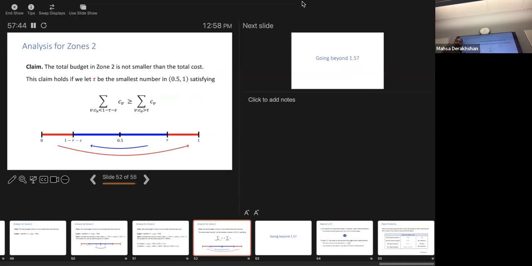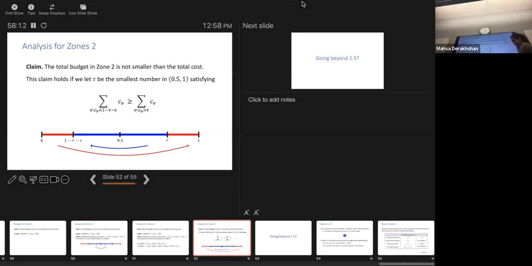let's say I'm picking the first tau that satisfies this. If it's not a half, it means that there is a larger mass here, at least half of the solution comes from here. Otherwise tau would just be a half. Now let's say I find this tau and it turns out to be here.